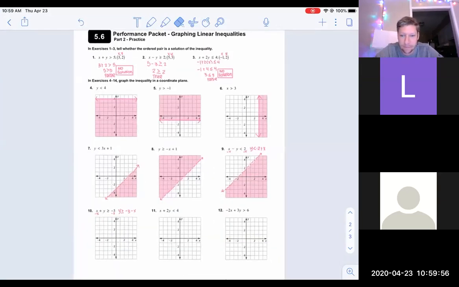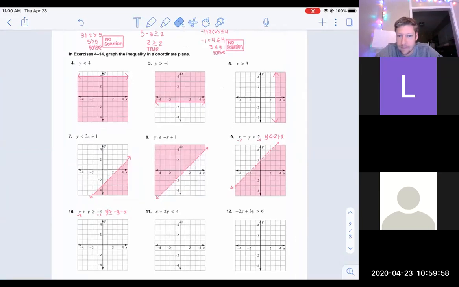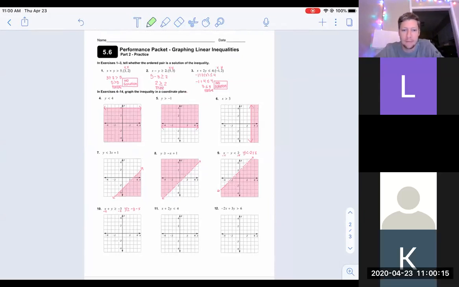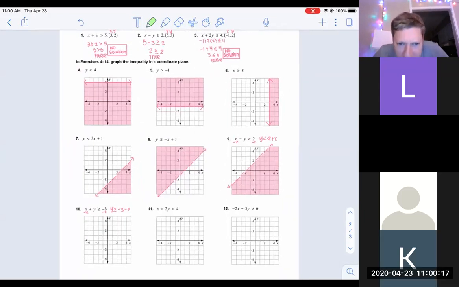So this is what I have so far. Okay, Kate Savage is here. Okay, so let's see. It looks like I'm looking at number 9. A couple things. Numbers 4 and 5, are those dotted lines?